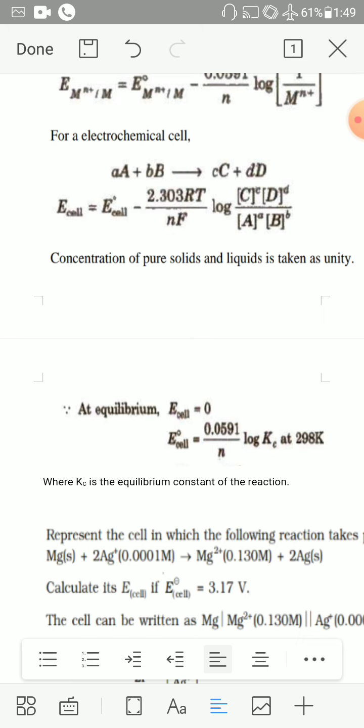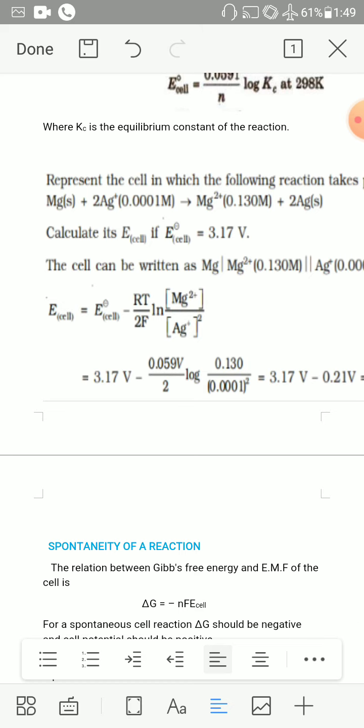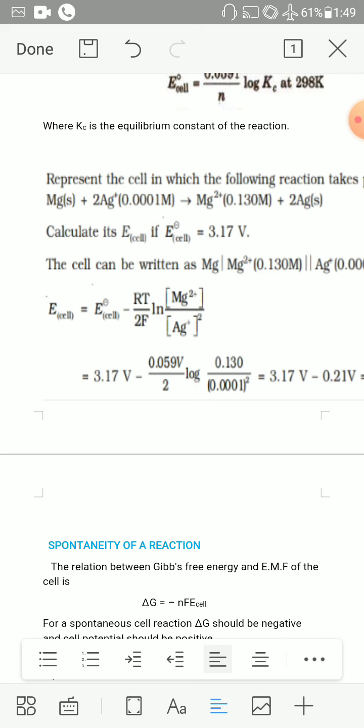Okay, here one example is given. Represent the cell of the following reaction. The reaction is magnesium solid plus 2 Ag plus, concentration of Ag plus given 0.0001 molar, gives magnesium 2 plus of concentration 0.130 molar plus 2 Ag solid.